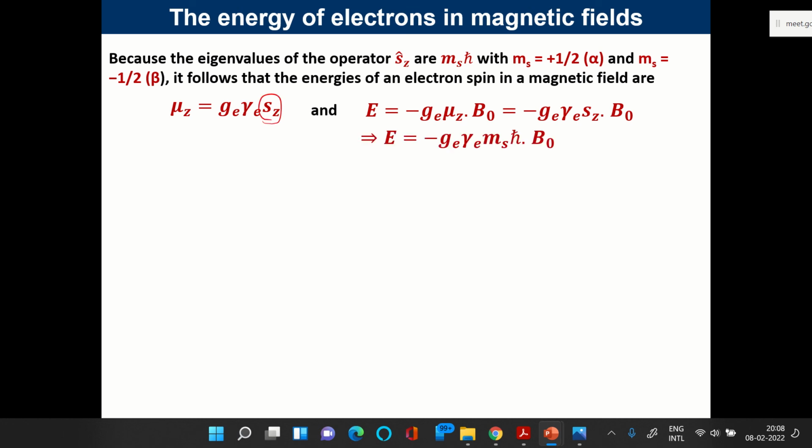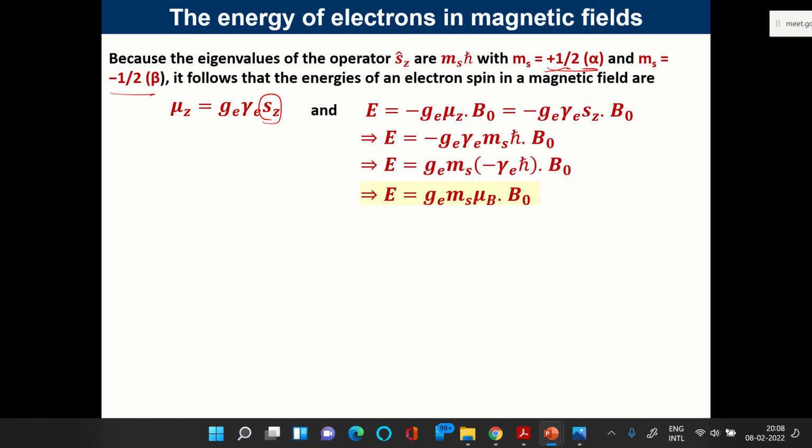For alpha and beta, that is clockwise and anti-clockwise, plus half is denoted as alpha and minus half as beta. The spin quantum number s is half, and you can have ms values plus half or minus half.